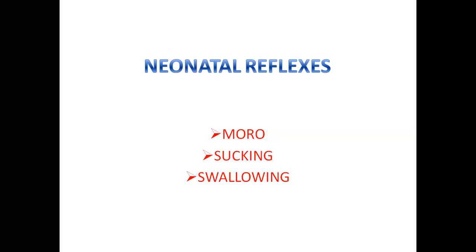So in the Moro reflex, what we are doing is allowing the baby's head to fall backward for just a few seconds. Immediately, the baby will show the reflex of abduction, extension, and opening of the fingers, followed by adduction and flexion. These are all used to assess the motor system of the baby.